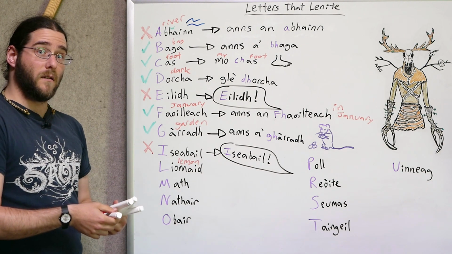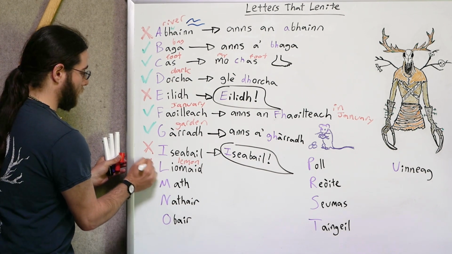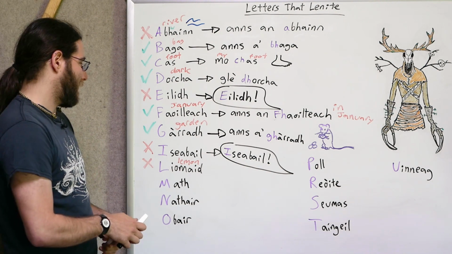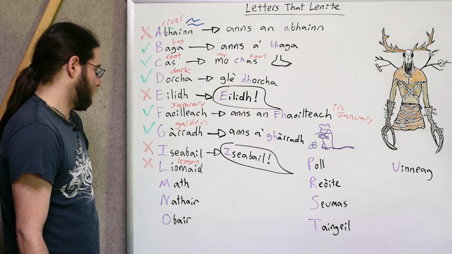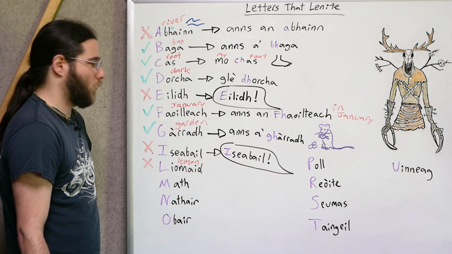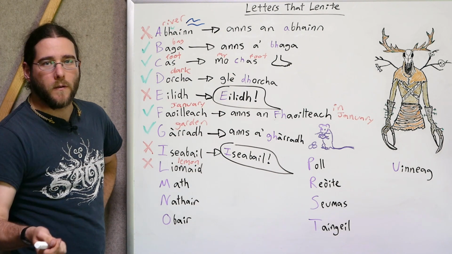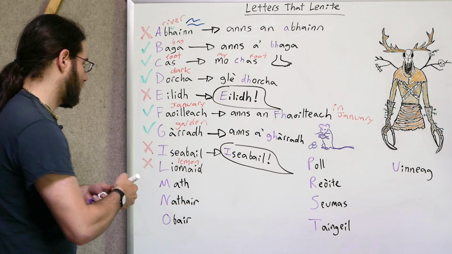Does L lenite? Nope, it does not. What's our example that we could do with the lemon? Maybe in a recipe you add something to the lemon juice. Yeah, why not?